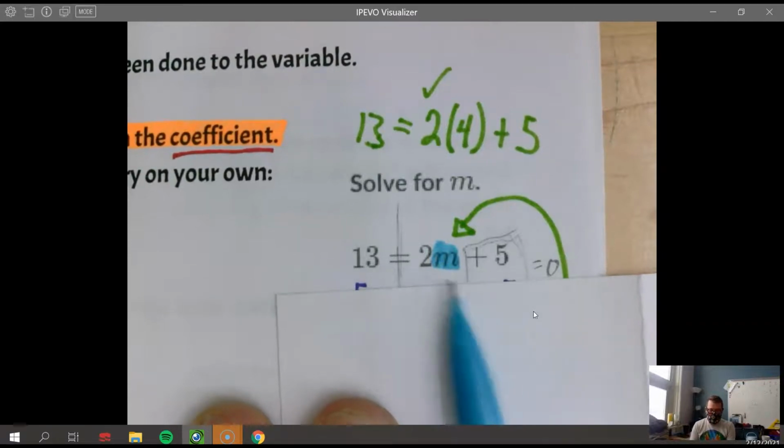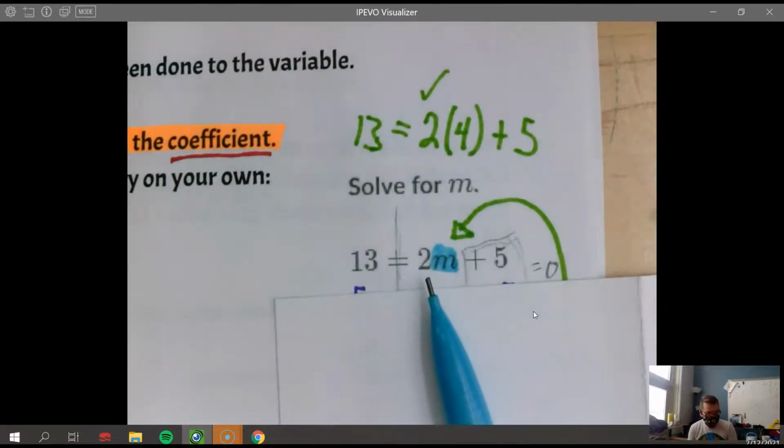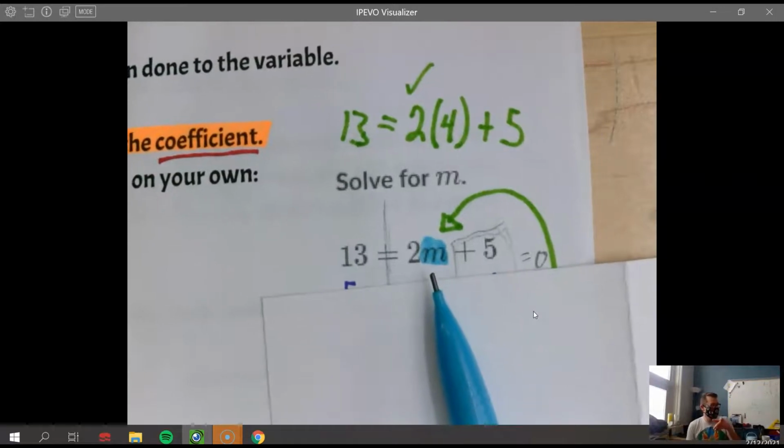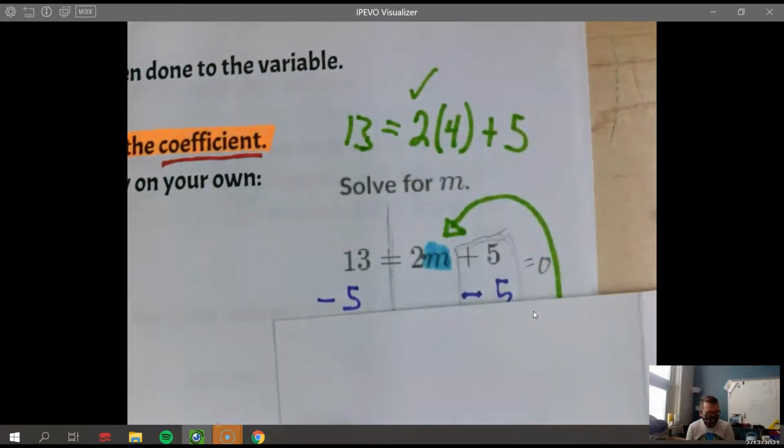So there's an addition of 5 and a multiplication by 2. We're just looking at what's being done. So remember, 2m is multiplication. This is exactly what Miss Meyer was just saying. We sometimes forget that there is a multiplication dot here. We just don't show it. Does that make sense?